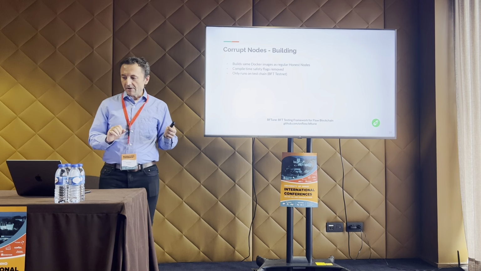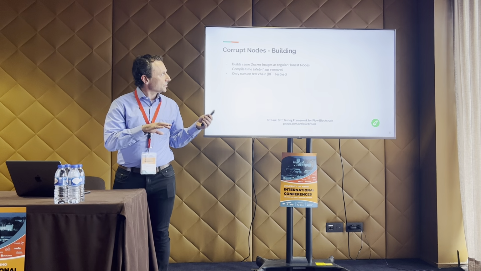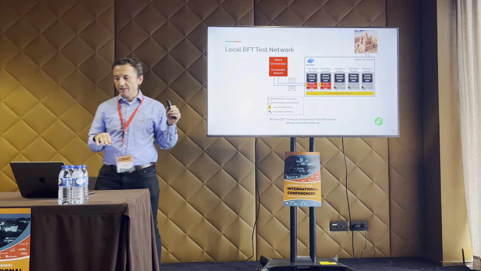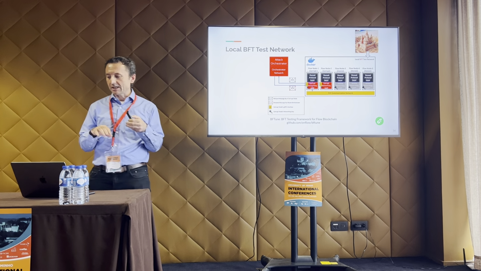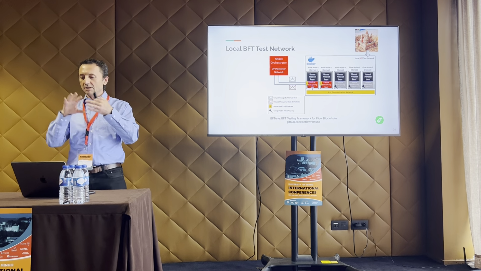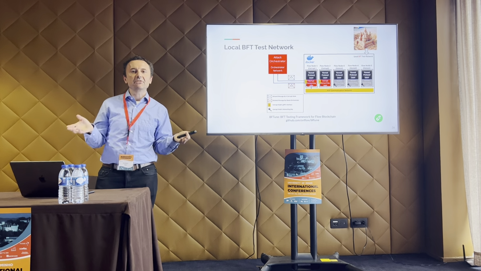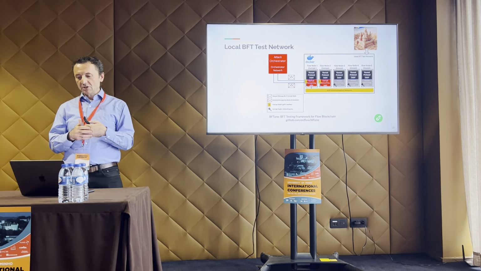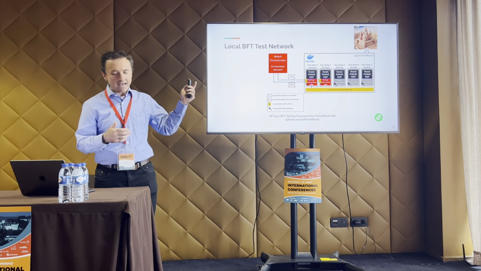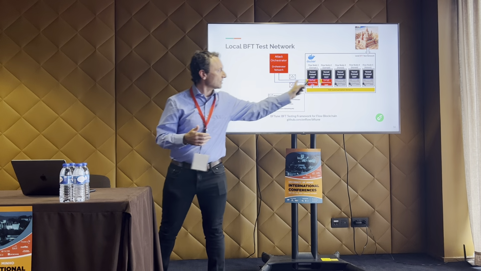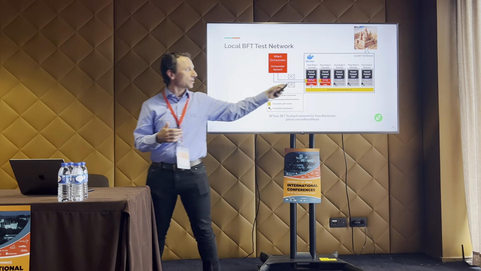Okay, now that we've covered those three components, let's move on to the last one, which is the local BFT test network. I put the sandbox image there because I want to convey that you can create a very intricate attack scenario, but in a very safe environment. That local BFT test network is a single Docker runtime that hosts all the honest and malicious nodes.